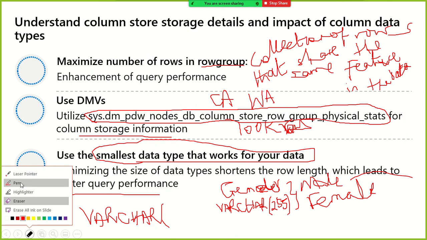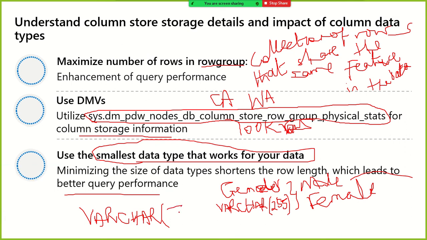So if you look at this particular one, let's say varchar 7. Now, if you use a data type called varchar 255, that's variable character 255, it means that you are providing a storage space for up to 255 characters.